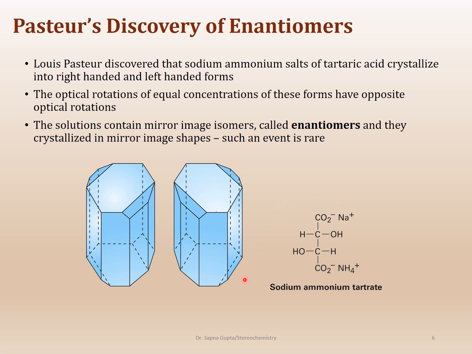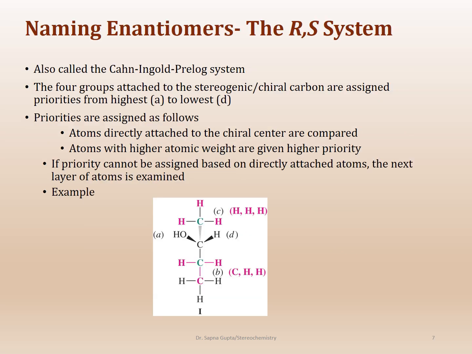It's really a very critical discovery as far as organic chemistry is concerned, because now we figured out that there are so many chiral centers and so many chiral compounds in nature and otherwise. So this is the structure of tartaric acid, and here is the chiral center, and here is another chiral center. So it has actually 2 chiral centers.